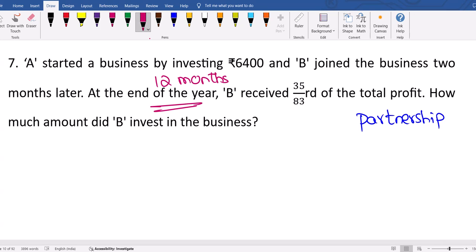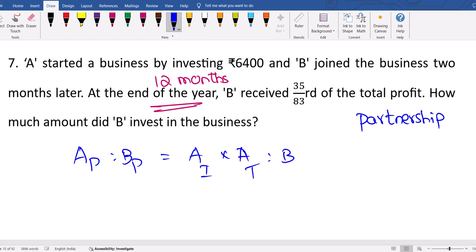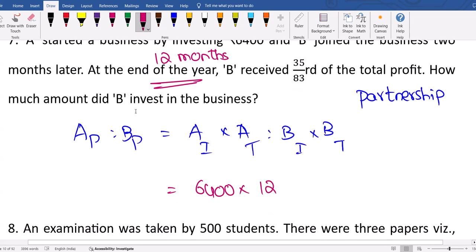Listen, see, in the partnership concept, how profit share will be decided: A's profit and B's profit are decided by A's investment into A's timing, and B's investment into B's timing. How much you invested for how much time is what decides the answer. And see, A's investment: 6,400. Timing 12 months. A is there for the entire year.